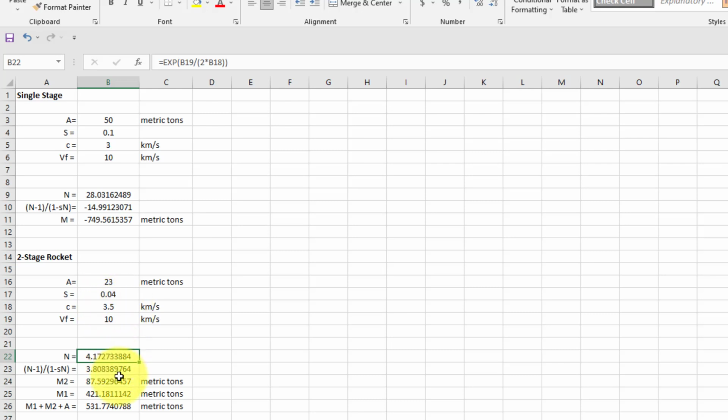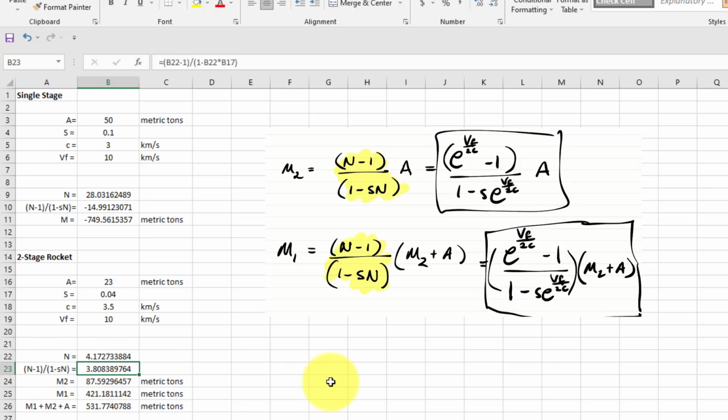And then once I have the n, I can do this calculation that I need for the mass of each of the stages that we've already derived, as you can see here. And now this is that previous cell, B23, that value times the value in B16, which is the payload.